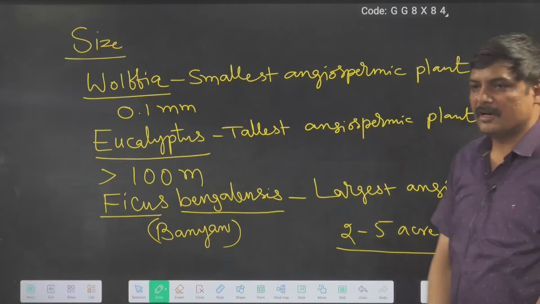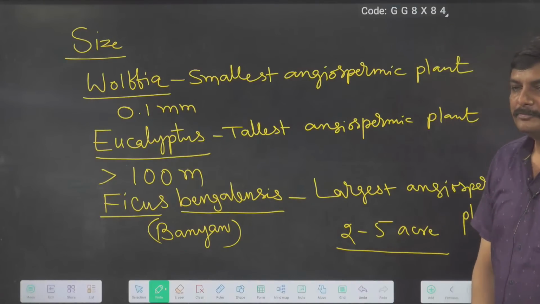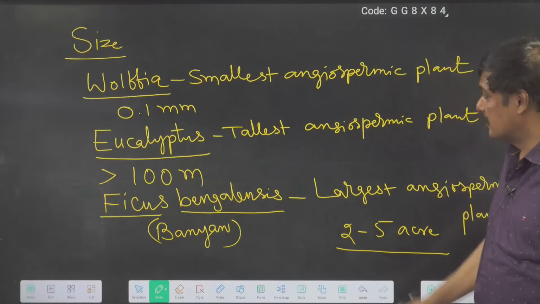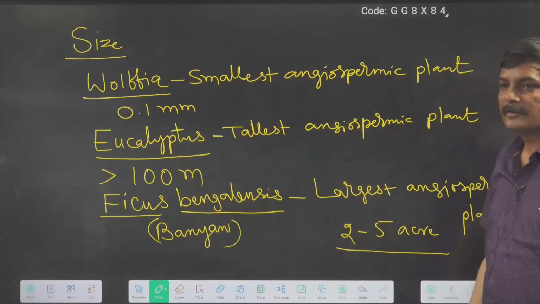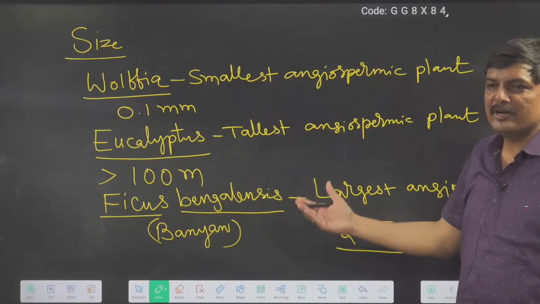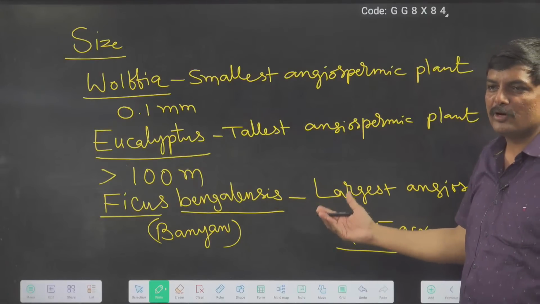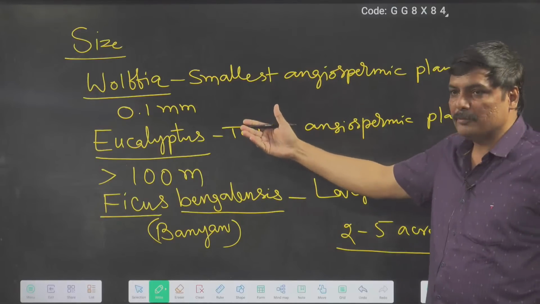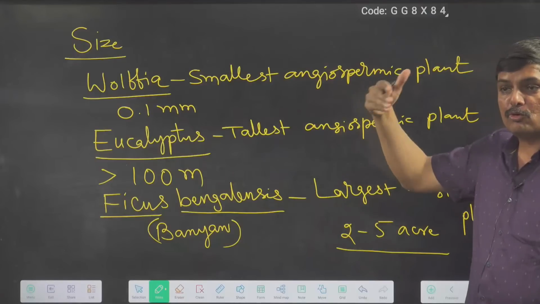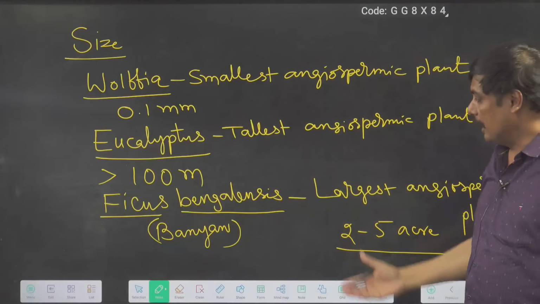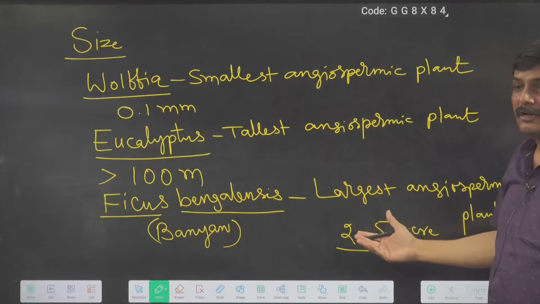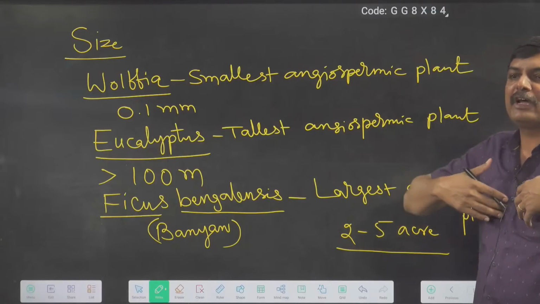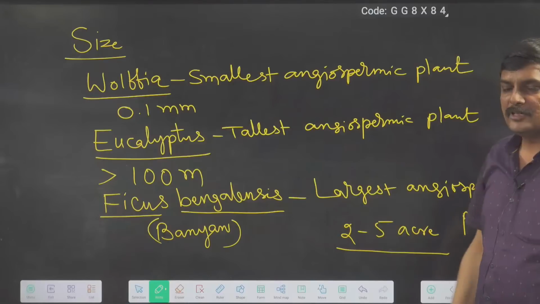I hope you understand. You are following well, right? This is the smallest plant, whose diameter is just 0.1 millimeter. Opposite to that, eucalyptus is the tallest plant, which can grow over 100 meters. And this is the largest plant, which can cover around 2 to 5 acres of land. That is a huge plant.